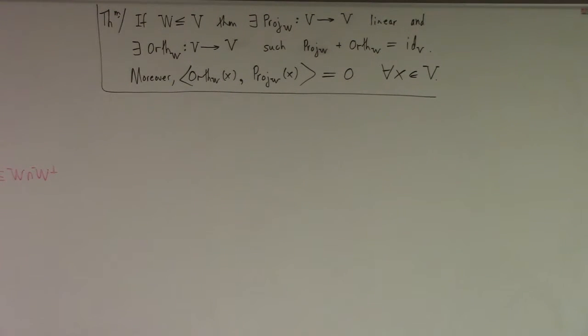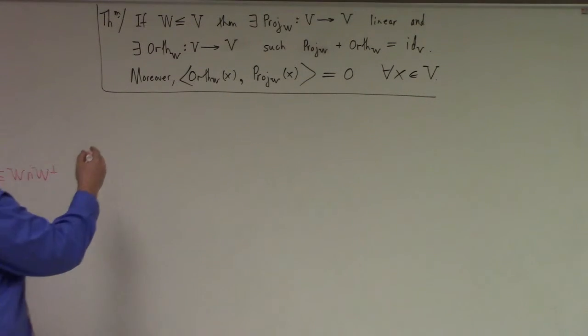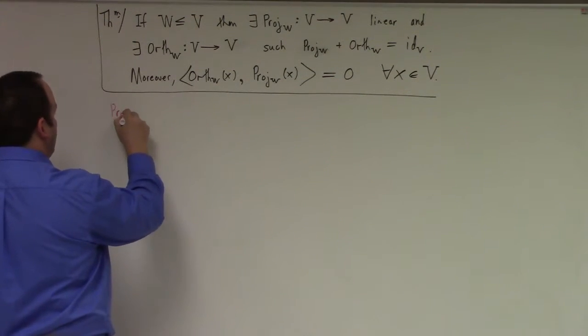I need to construct these operators, these linear transformations, the projection and the orthogonal projection. The construction is just a simple add-on to the thing we did last class, right? So here's the proof.